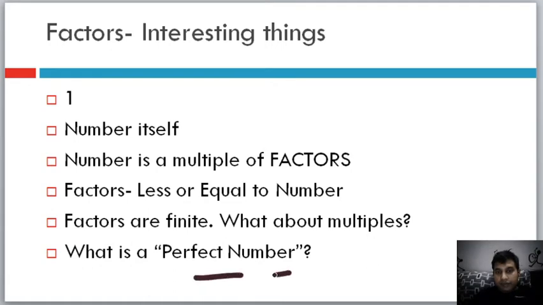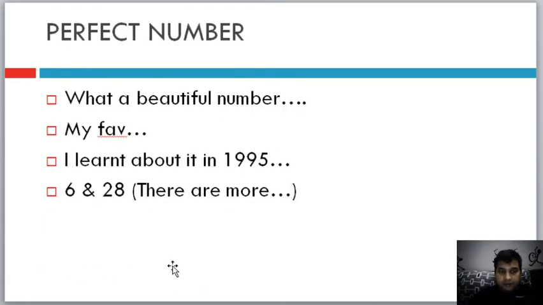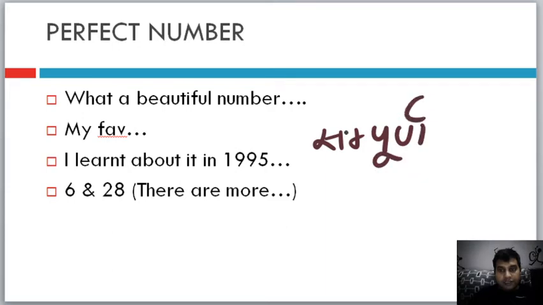Now we'll talk about what is a perfect number. It's one of my favorite things, so let me give you a little bit of history about it. It's a beautiful number, and I learnt about a perfect number in 1995. In Hindi it is also known as Sampurna Sankhya.